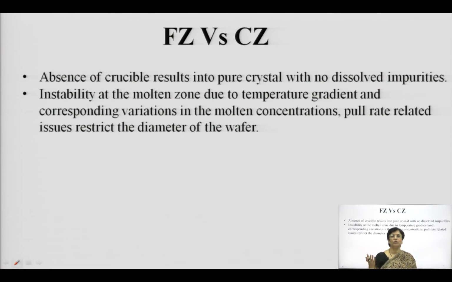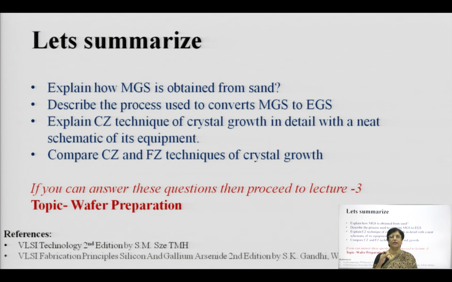So, rather than monocrystalline, you will have deformities, dislocations, point impurities and surface impurities getting incorporated in the growth process. So, you have to be very careful with the pull rate and the contact established between the seed crystal and the localized molten silicon area.